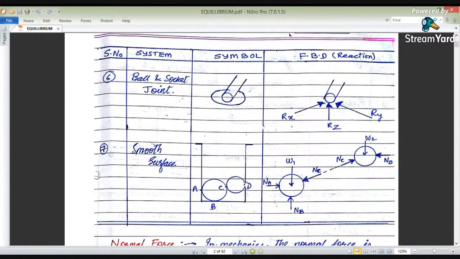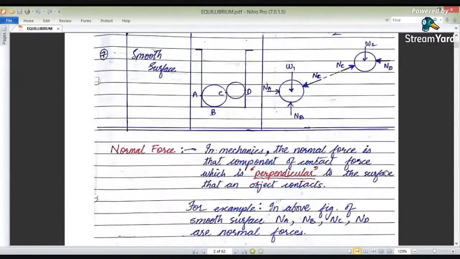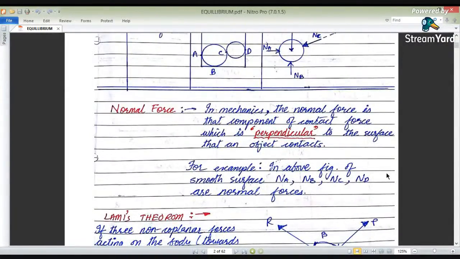After releasing from the vertical wall, there is a normal reaction at D. A normal reaction is perpendicular to the surface. So the most important thing while drawing free body diagrams is to see whether the surface is horizontal, vertical or inclined. Depending upon that, we have to draw the free body diagrams.